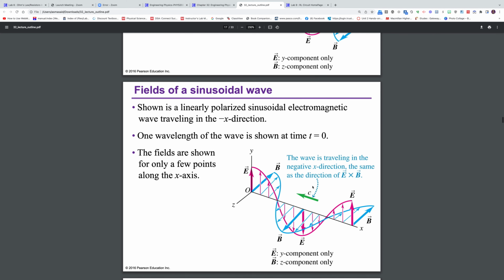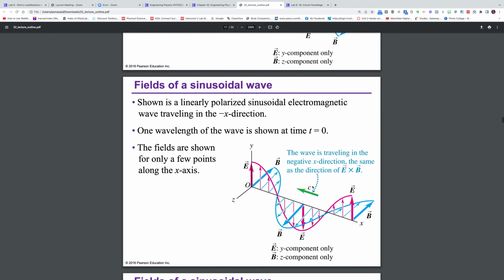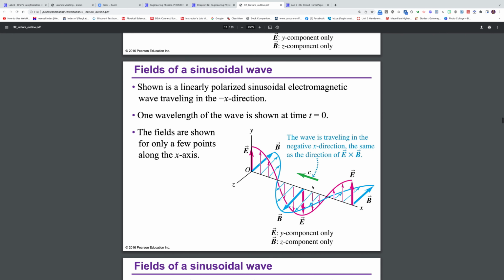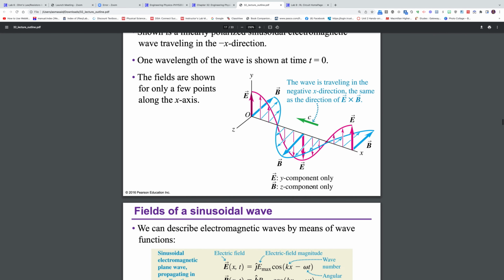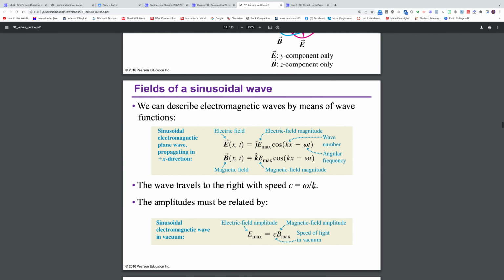And we can see that E and B, B here is along the negative z, and E is along the positive y, and E cross B is going to be the direction for propagation.